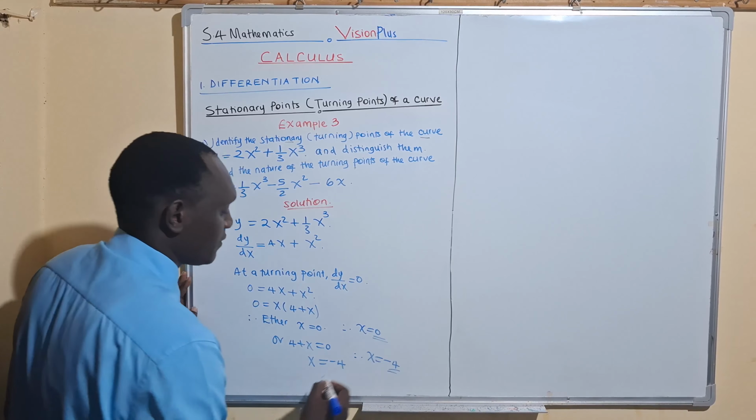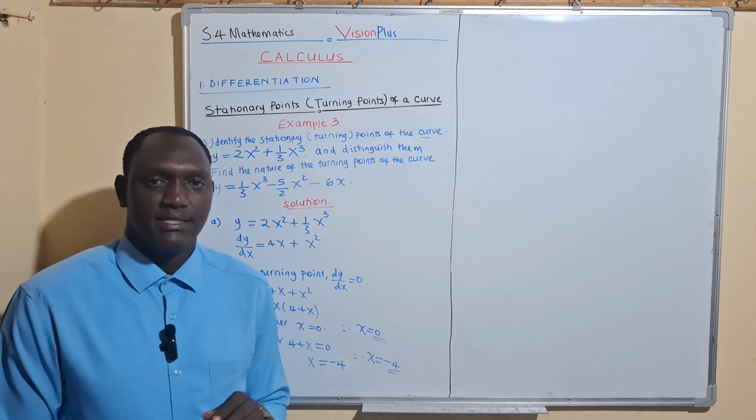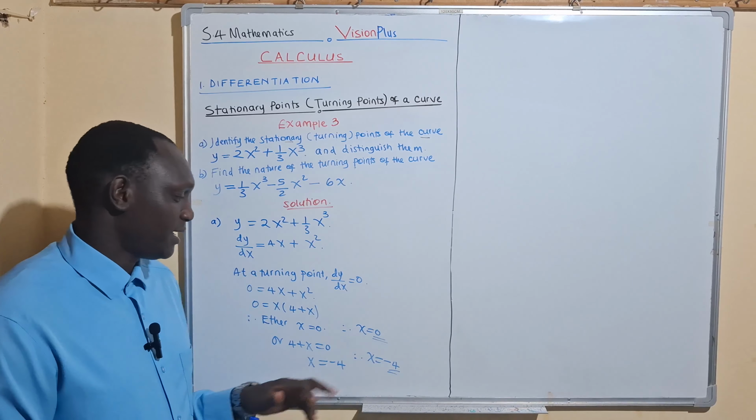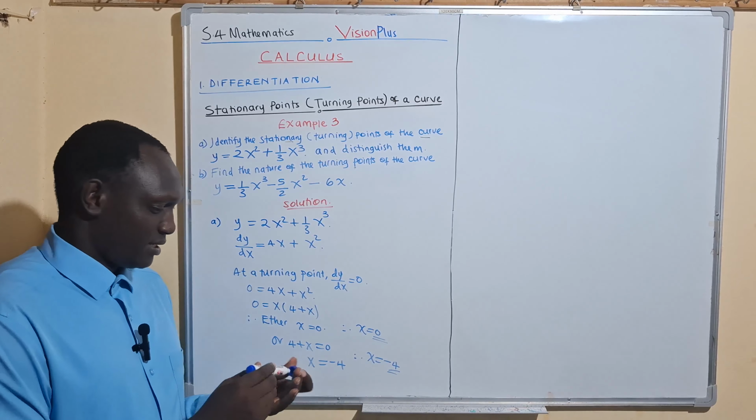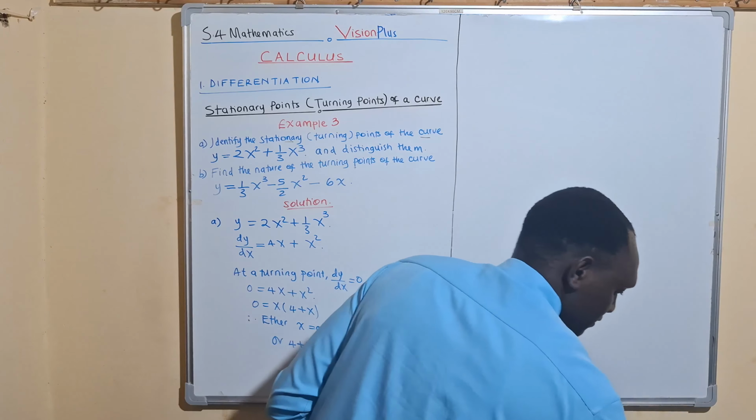So we have two values of x. That means there are two turning points.